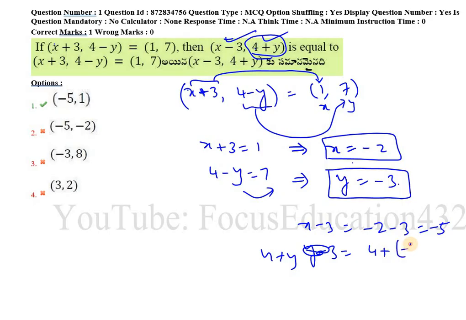Minus 3. 4 plus y we have to find. Yes, 4 plus of minus 3, that is equal to 1. So x value is minus 5 and y value is equal to 1. So this is the answer we are having for question number 1.